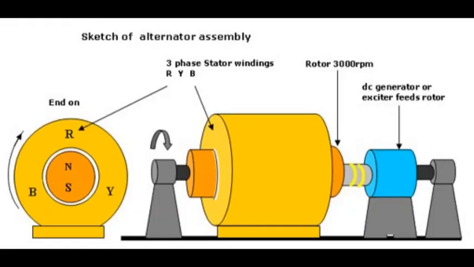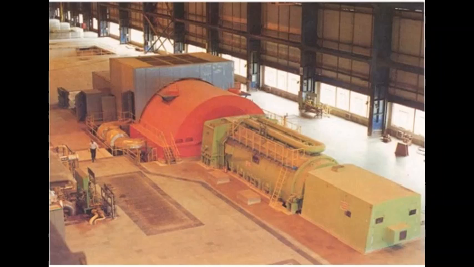The generators used in most power plants, thermal power stations, are three-phase generators rotating at 3000 RPM. That means they are generating power at 50 Hz and the output voltage is 11 kV, and for a 210 megawatt unit the generator rating is 247 MVA.